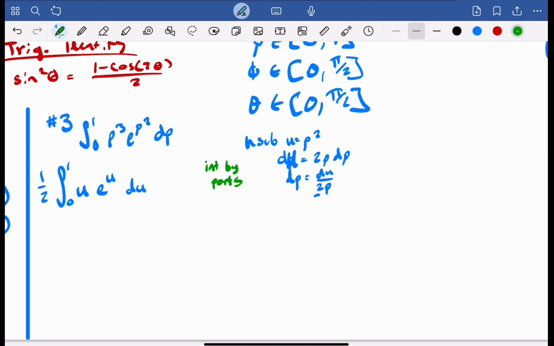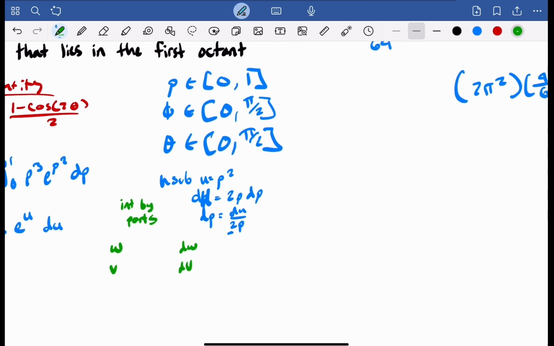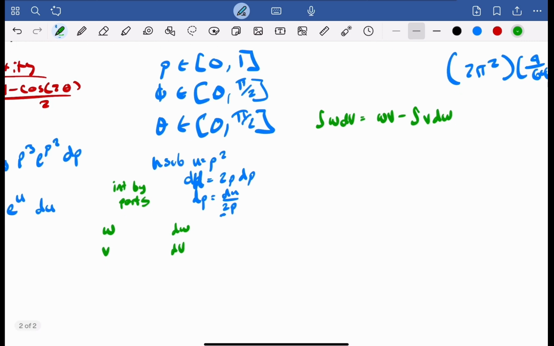So we're going to have w and dw, then we're going to have v and dv. And our formula states that the integral of w dv is equal to wv minus the integral of v dw.